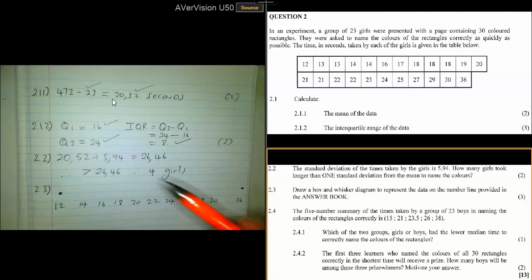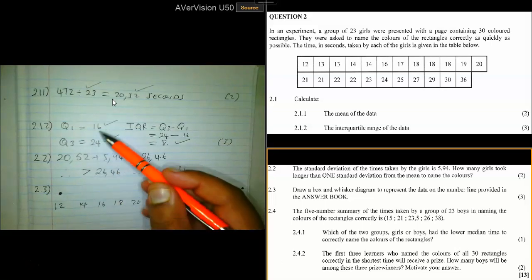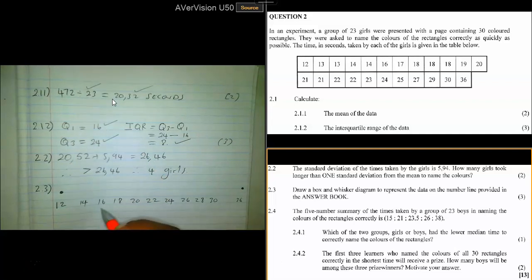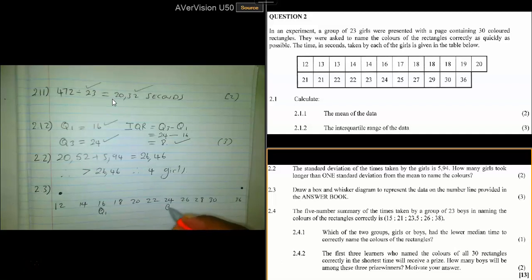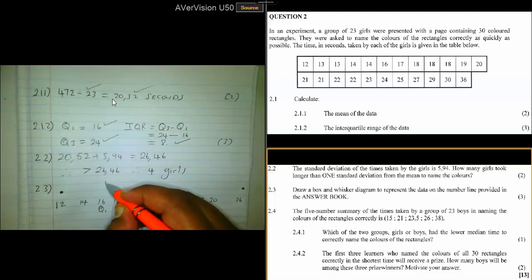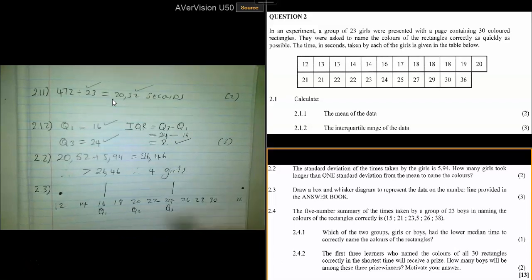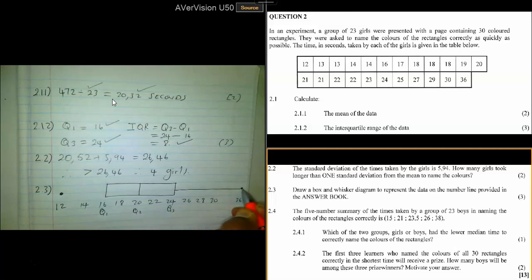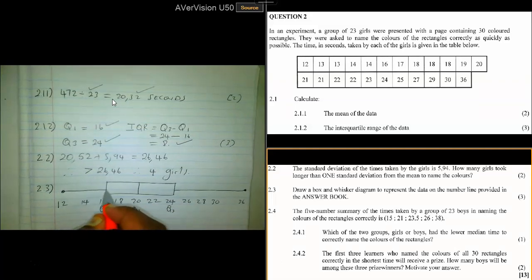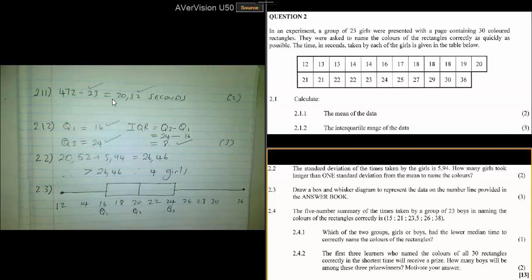I already know from the previous calculation that my lower quartile Q1 is 16, Q3 is 24, and my median is 20, that is my Q2. So I set up my box at 16 and 24, and my median value is at 20. I complete my box and continue to draw the line to my highest value and to my lowest value, and that is what your box would look like.